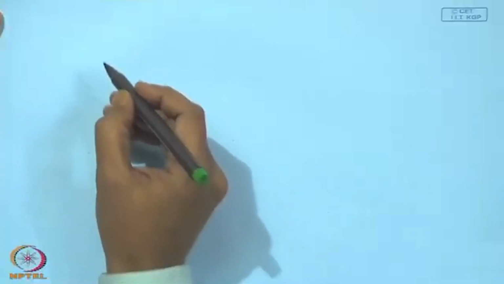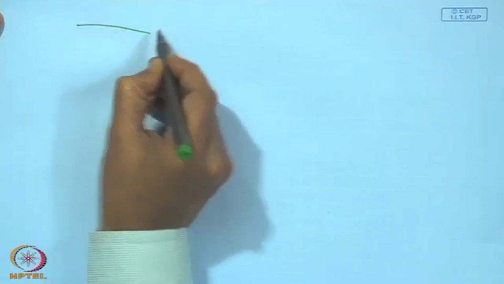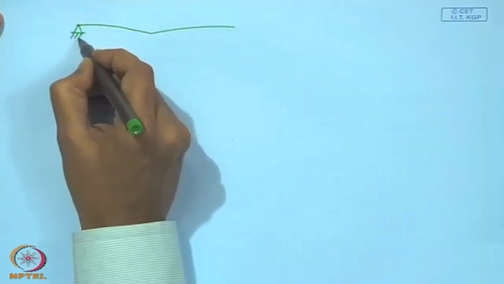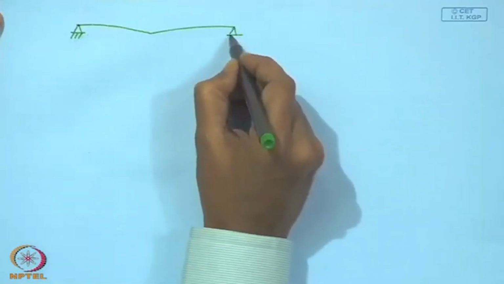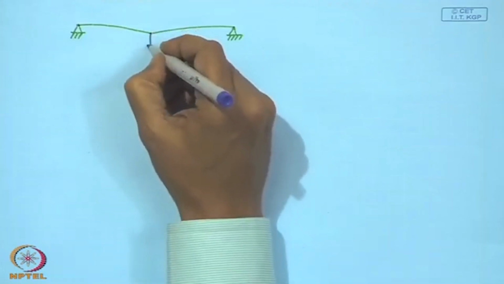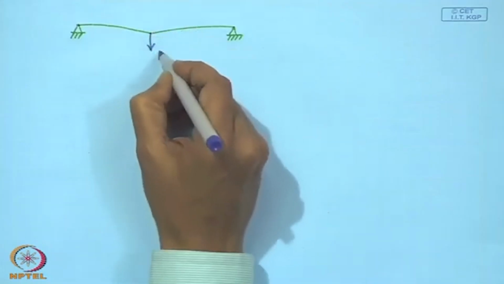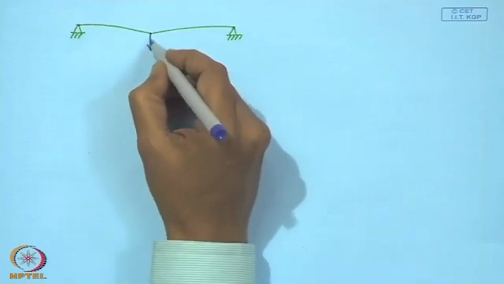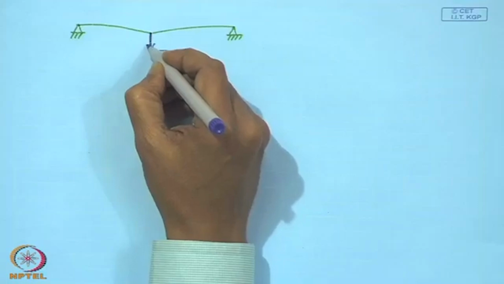Now, let us look at the cable car problem. So, in the cable car problem, what you have, in the first approximation, you may consider this to be a constant force. This is an approximation.